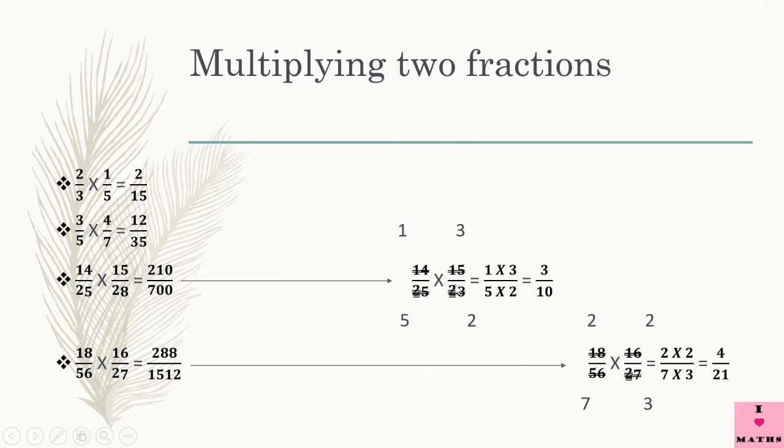So we will divide 15 by 5. 5 threes are 15 and 5 fives are 25. So children, these numbers have got cut. We have got fresh numbers. 1 multiplied by 3 upon 5 multiplied by 2. 1 threes are 3 and 5 twos are 10. So the answer is 3 upon 10.